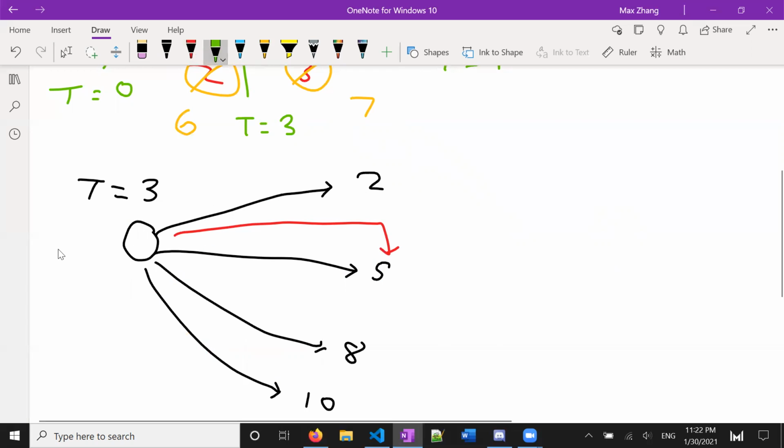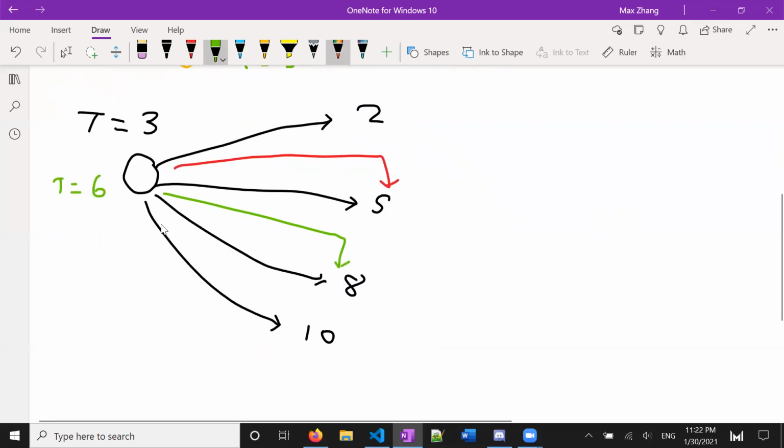Notice that instead, if our time was equal to 6, we would take this one. Continuing down this path, if it was time 9, we would take this one.